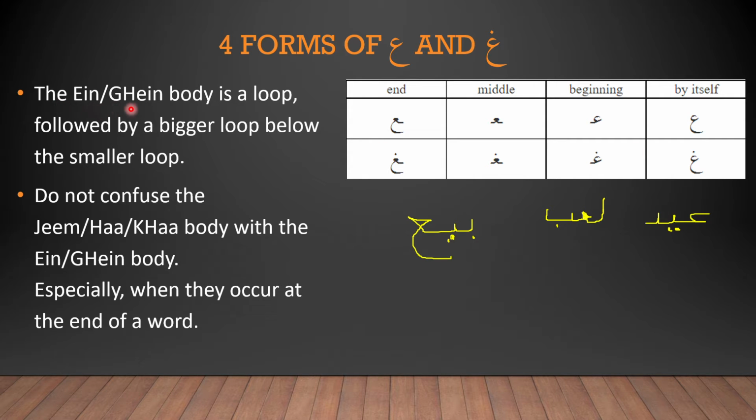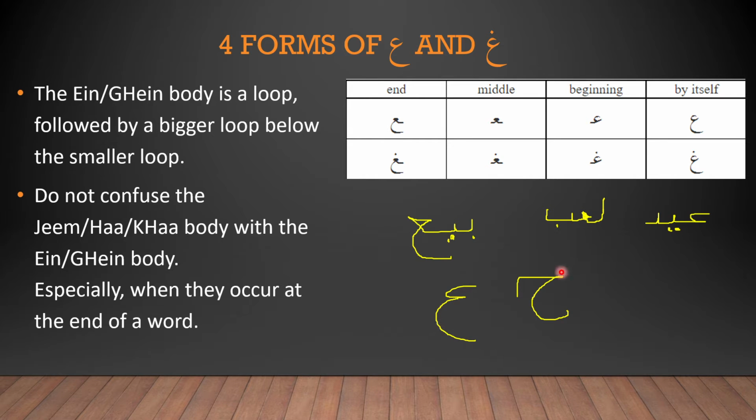So we see that the Ein Ghein body is a loop, which is a small thing, followed by a bigger loop, the bigger one below the smaller loop. Do not confuse the Jim Ha Kha body with the Ein and Ghein body, especially when they occur at the end of the word. So let's see what this is about. This is Ha, this is Ein. If you look at the similarities, you'll see that both Ha and Ein have this loop, this going down thing, this big C, whatever you can call it.